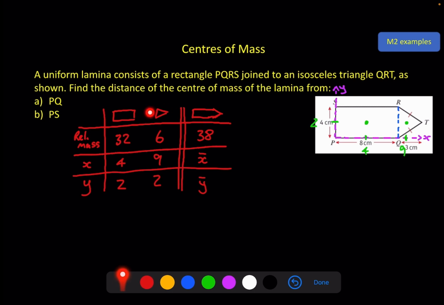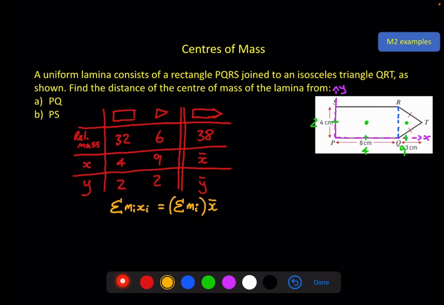Now we need to make use of all this information in a system of particles on a plane kind of way. And if you remember back to video 2, the way we did that was to use this formula here. So we had the sum of m_i x_i, the sum of the individual bits, is equal to the sum of the individual masses, or in our case relative masses, times x bar.